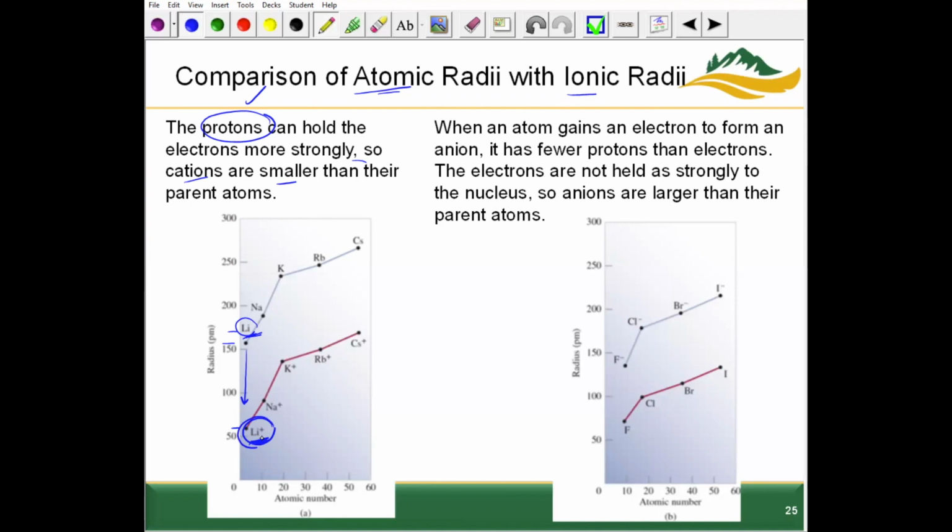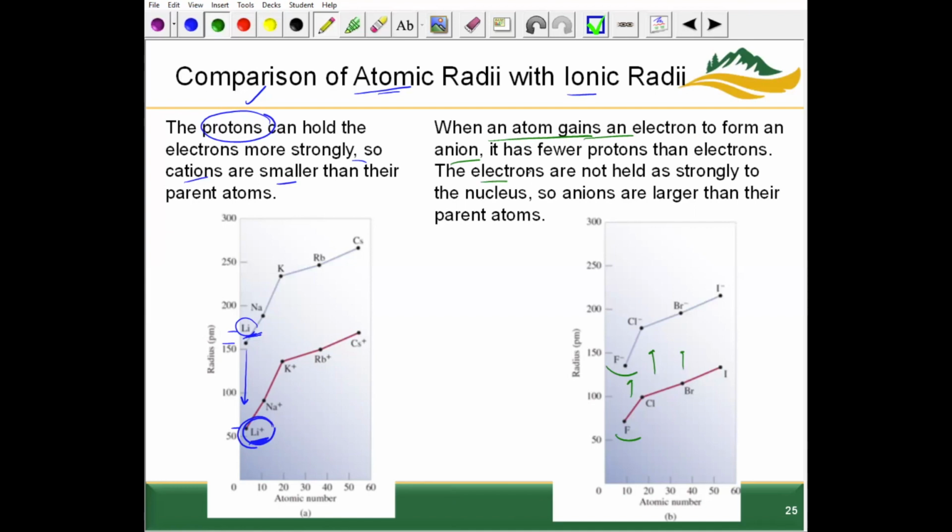Conversely, though, anions that have gained one or more electrons are going to increase in size. Neutral fluorine compared to F minus: we've added a whole additional electron, which increases the size of the radius.